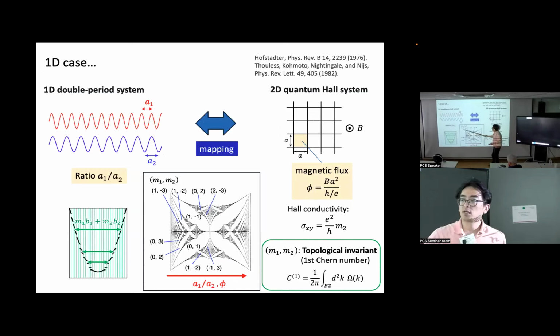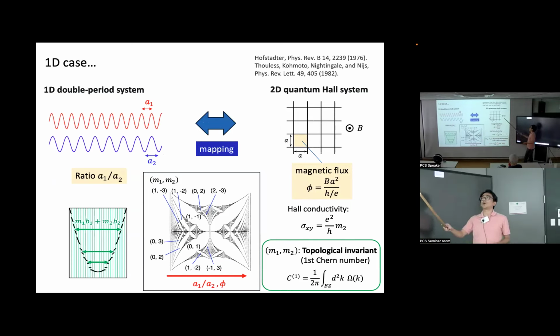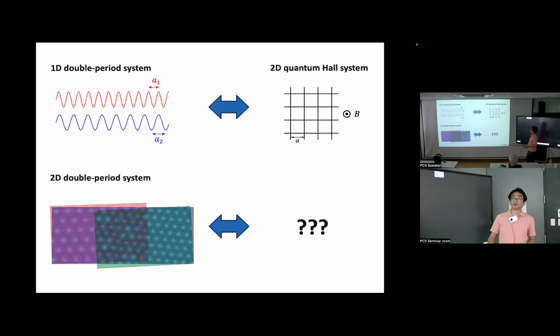Those things are actually topological because they are connected to the quantum Hall effect. So those gap labeling numbers correspond to the quantum Hall conductance. We have a similar mapping to the double-field system. Then you can imagine you have some higher dimensional object, with a magnetic field, which explains the gap labeling.